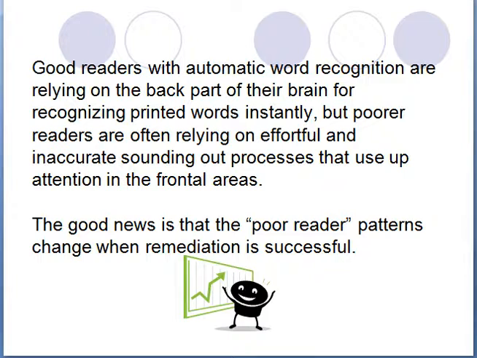However, in the case of poor readers, these tasks, which take considerable effort and attention, are still performed in the frontal area of the brain. The result is that comprehension may be compromised, since less attention can be directed toward constructing meaning. However, interventions have proven to be successful in improving the speed and amount of effort with which these word recognition and decoding tasks are completed.